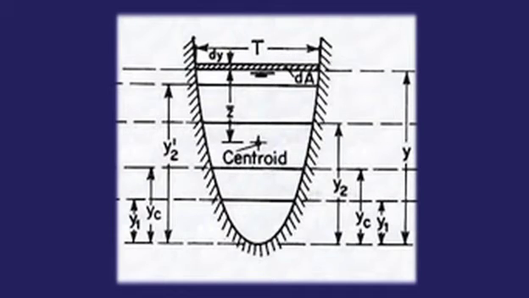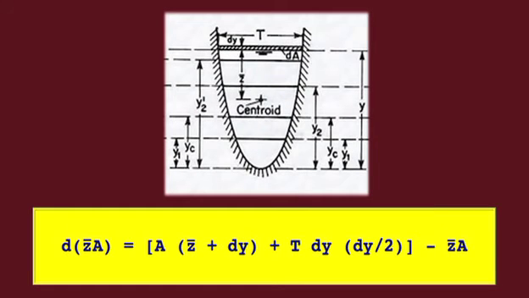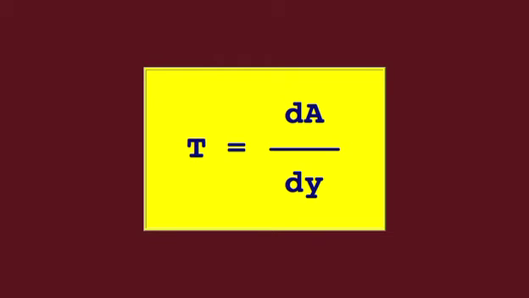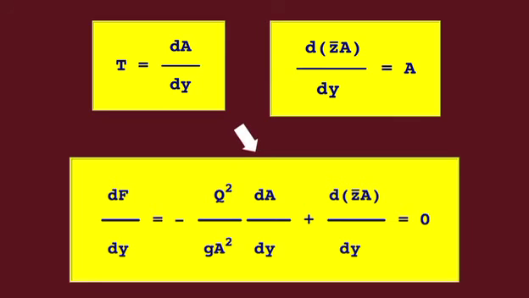The change in static moment of the flow area about the free surface is neglecting the second order term, by definition the top width is substituting the top width in the derivative of the static moment into the statement of minimum specific force.